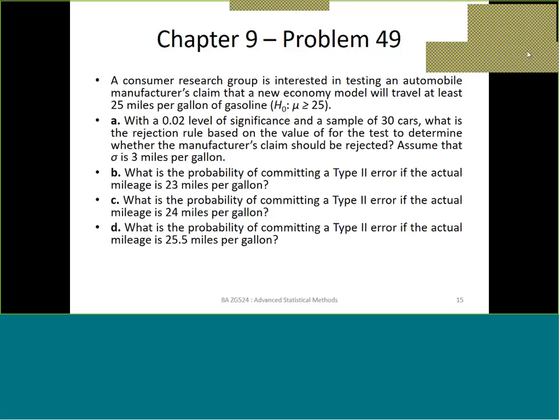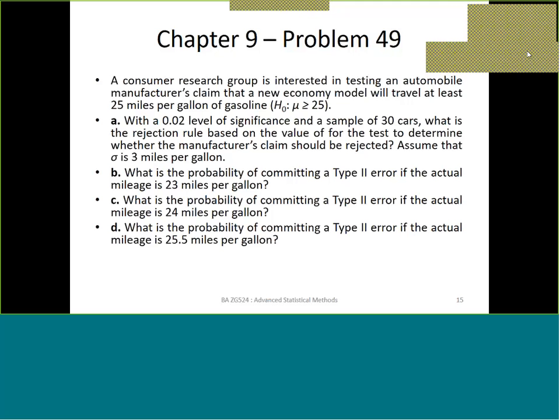Assume that sigma is 3 miles per gallon. So anyhow, we are dealing with population mean. Sigma is known to us and the sample is also good. So we can use the sampling distribution of x bar as normal distribution because sigma is known to us. Now the question is, what is the probability of committing a type 2 error if the actual mileage is 23 miles per gallon? We will concentrate on B because C and D are the same as B.